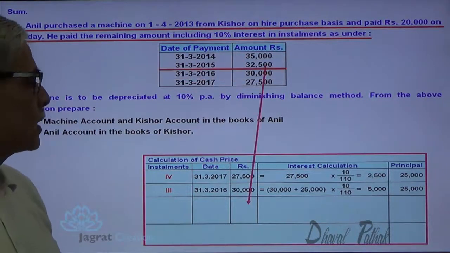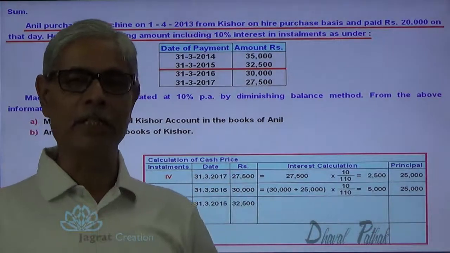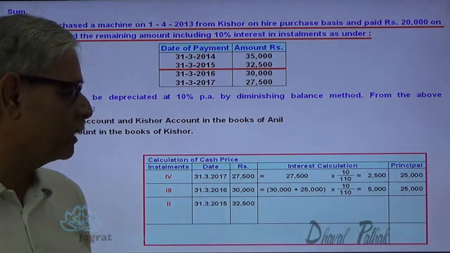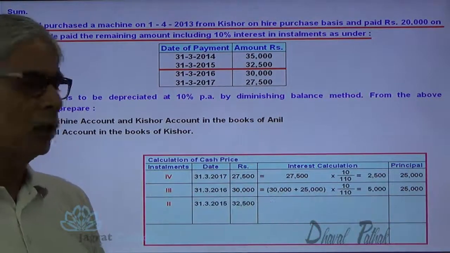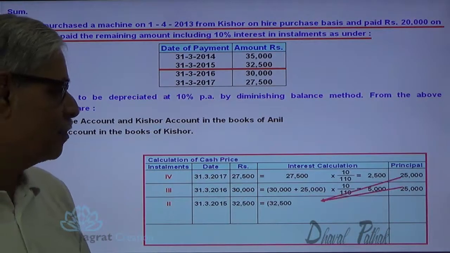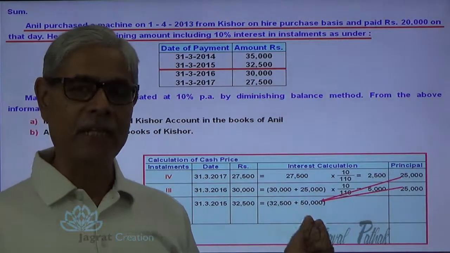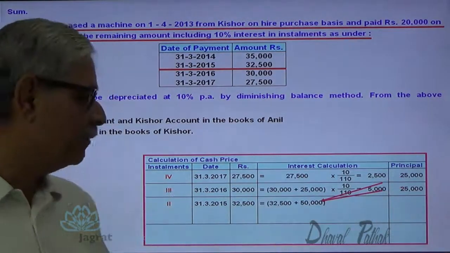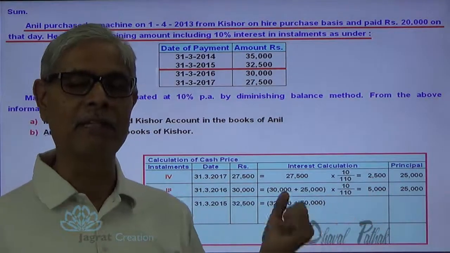So this is the second installment. Now you have to find out the interest element in this 32,500. So 25 plus 25, 50,000 plus 32,500 is the total amount outstanding with interest. And when it is a with-interest amount, that is equivalent to the base level of 110.